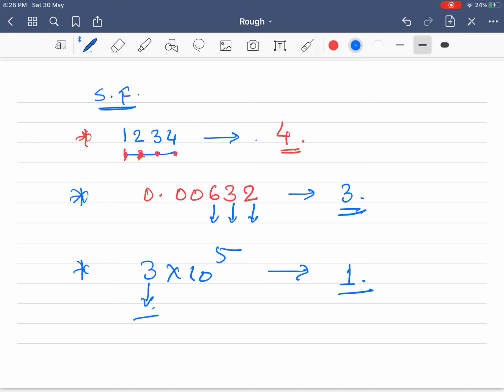The exponential part is not considered a significant number, so in this case there is only one significant number.